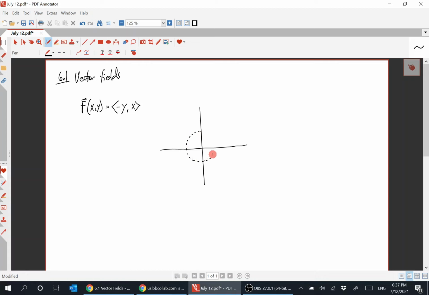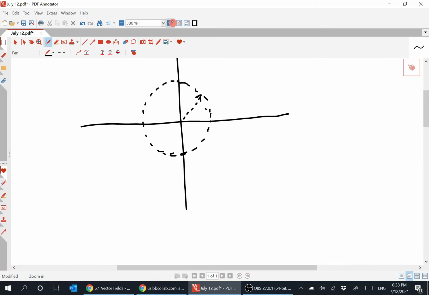Like this is the circle of radius 1. And this is the vector x, y coming from the origin. This is the vector x, y. So let's zoom in on that. So that's the vector x, y, and this is the point x comma y.